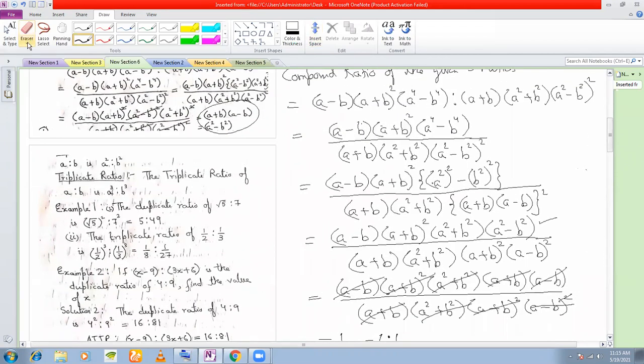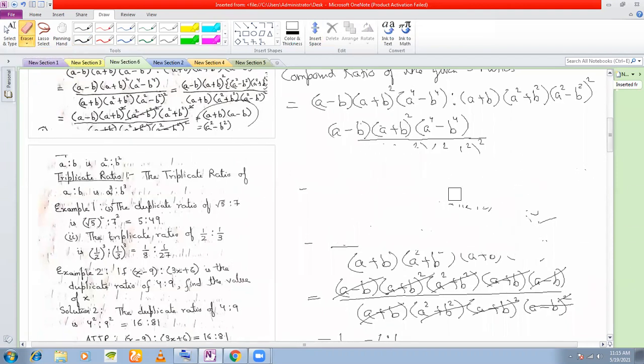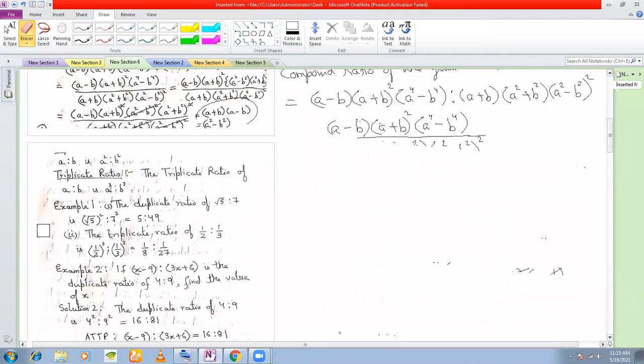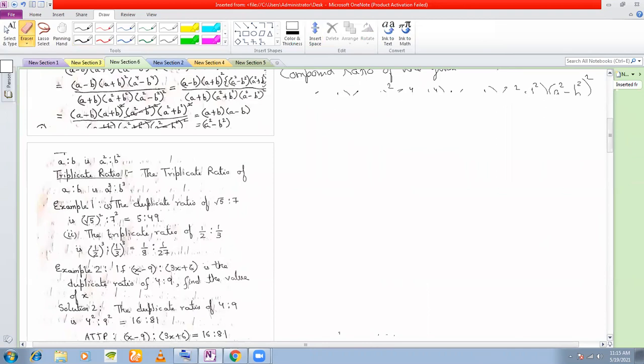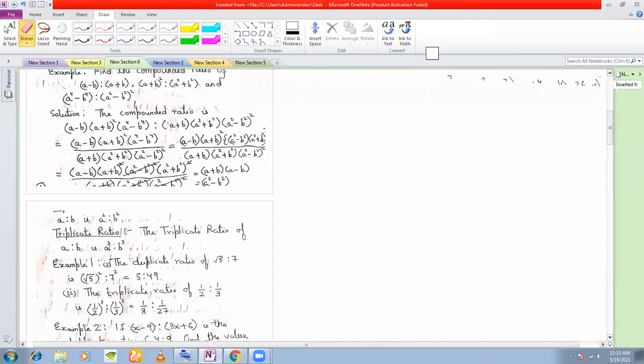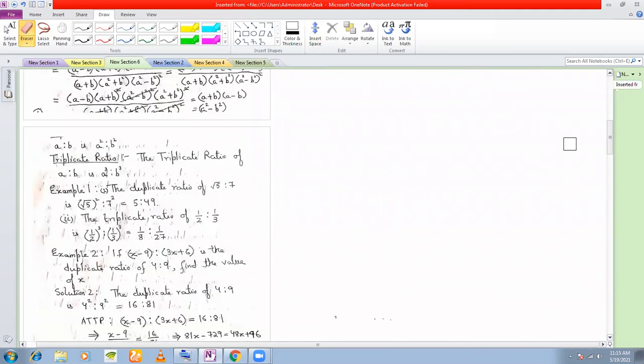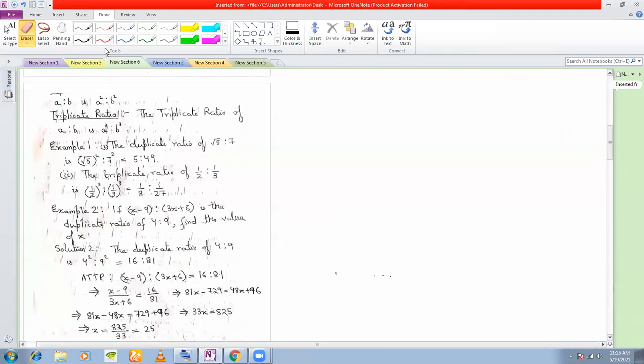Next, the definition that we do next is called the duplicate ratio of a given ratio.